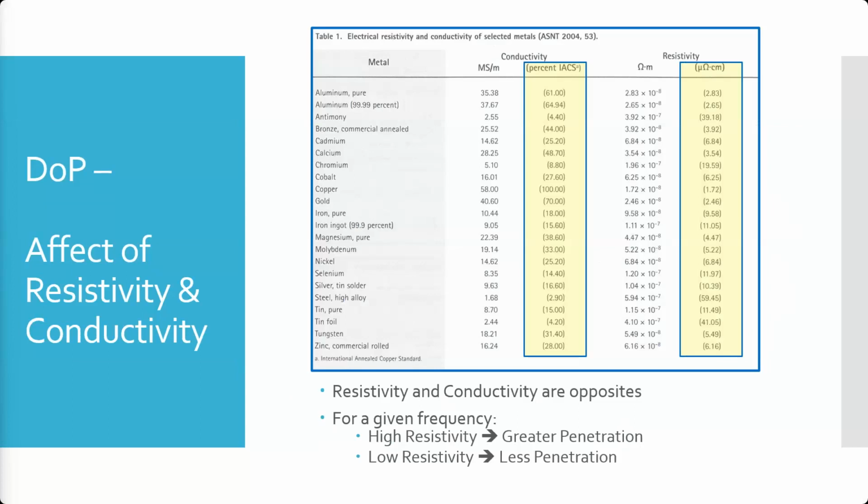And then over here, you can see the resistivity is kind of opposite, right? So copper has very low resistivity, 1.72 micro ohms per centimeter squared. Whereas certain high alloy steels aren't as conductive, 59 micro ohms per centimeter squared. So these are all still conductive materials in a way, right?